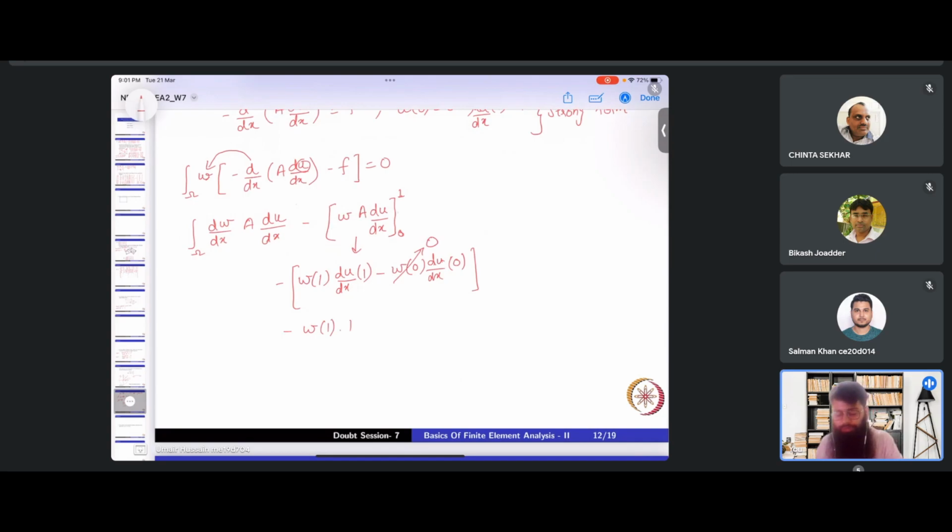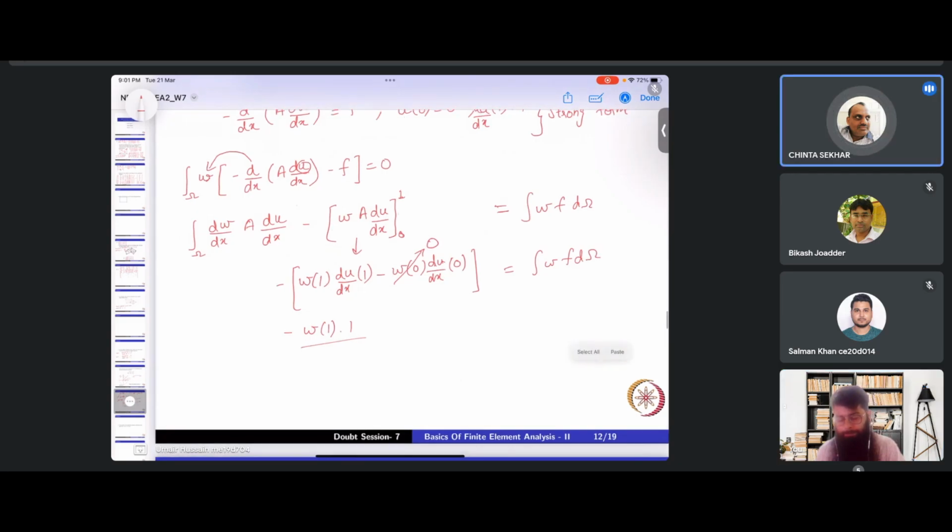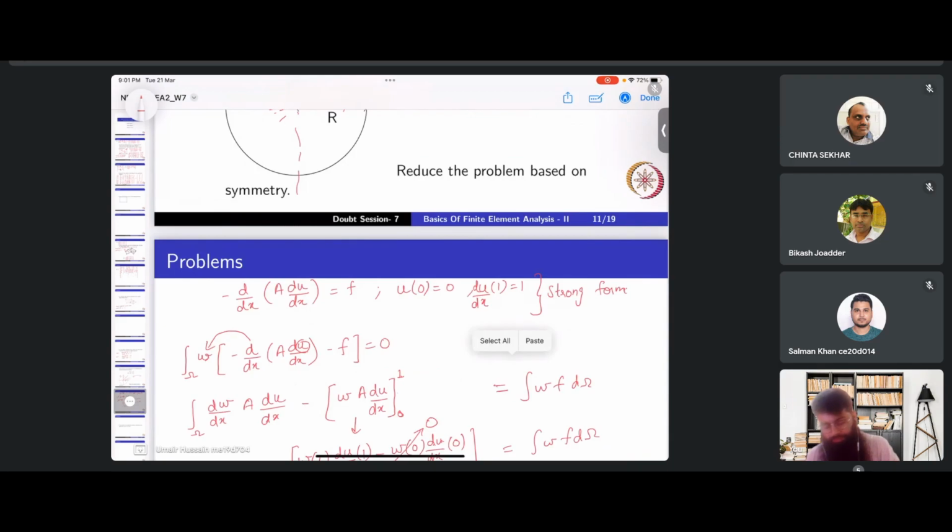If we see this equation, we can straight away tell what our Neumann boundary condition is. So this is basically the purpose of the weak form. Okay, thank you, sir. No problem.